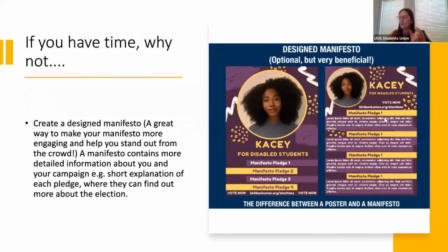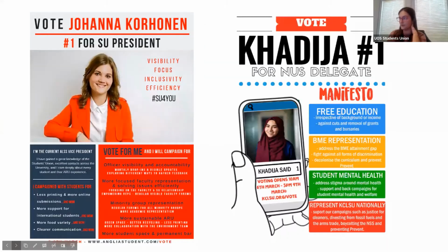So you add a little bit more information, and obviously not everyone will read this, and it shouldn't be the only thing you create, but if you have time, something like this would be very beneficial. Here you can see the difference. On the poster, you're only including headlines, the main pledges that you have. And on the design manifesto, you can include a little bit more text and detail for those students who are interested in reading more about it.